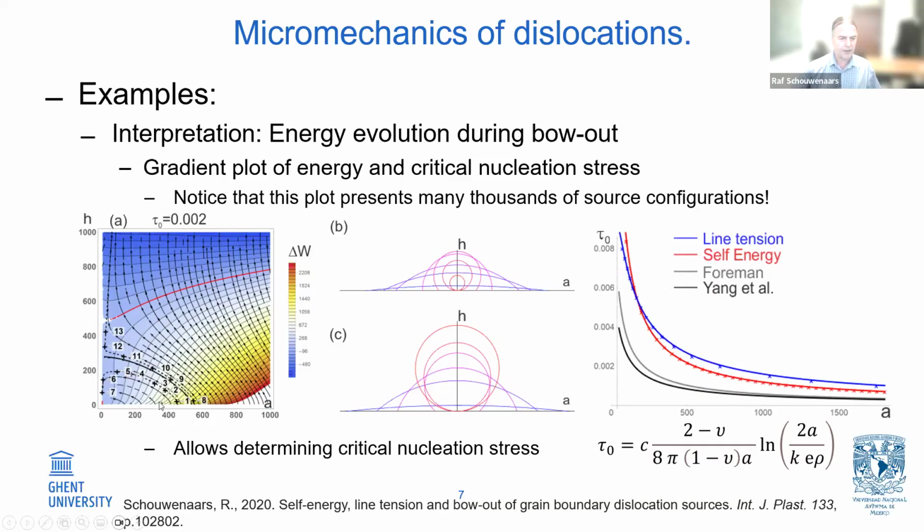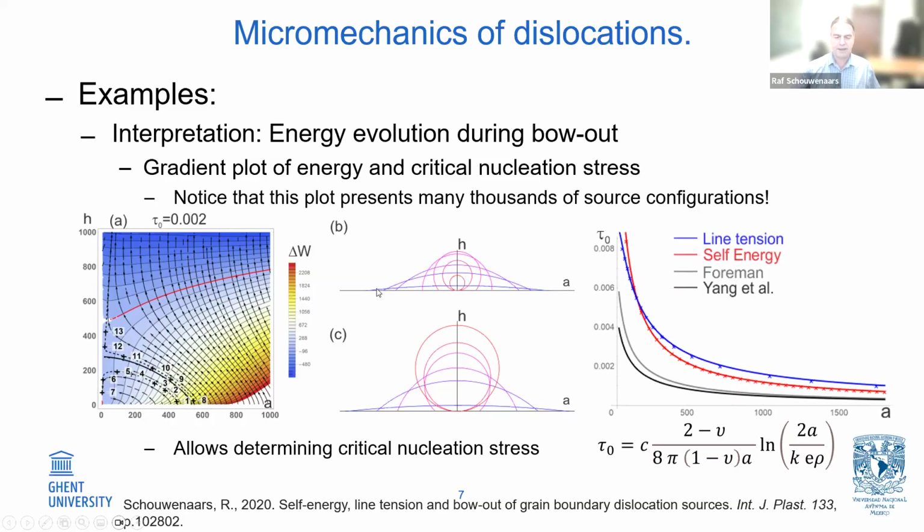And then we see that for some dislocations marked by this black line, everything which is below the black line, if it follows the path of greatest energy decrease, will just flow back to zero. So these paths, which follow the gradient of energy, lead each dislocation that would try to bow out to shrink again. And that's what I plotted here in figure B.